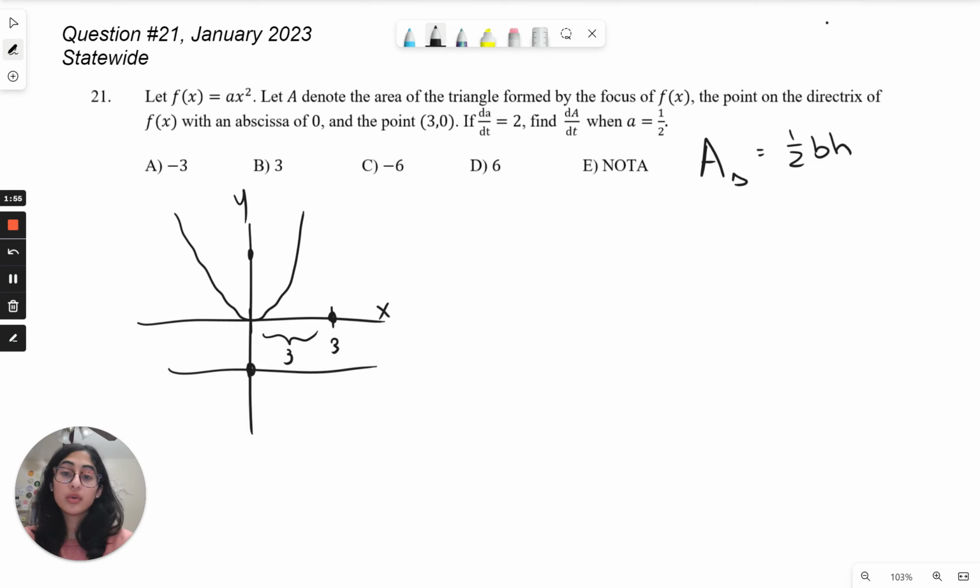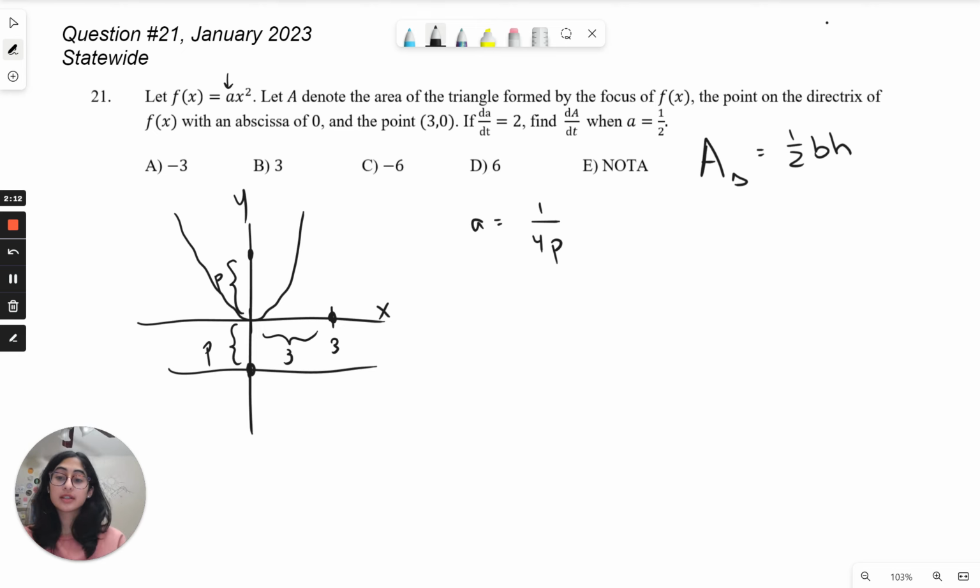So we know that for any quadratic with a distance from the focus p, which is also the distance from the directrix, A, the leading coefficient, is equal to 1 over 4p.